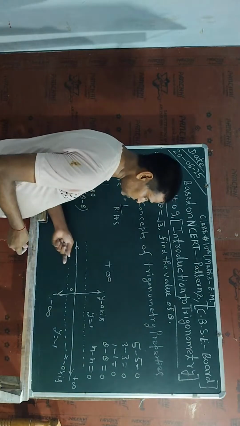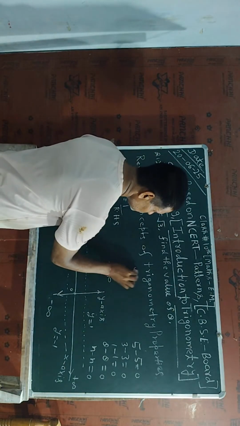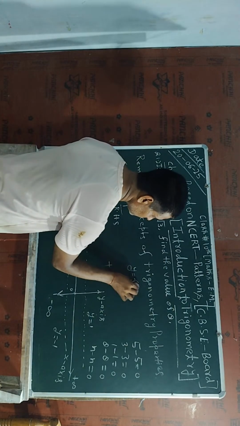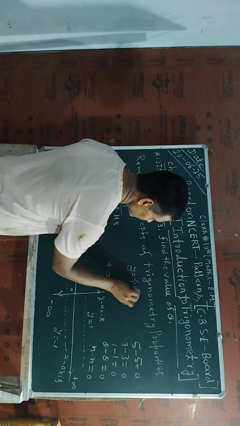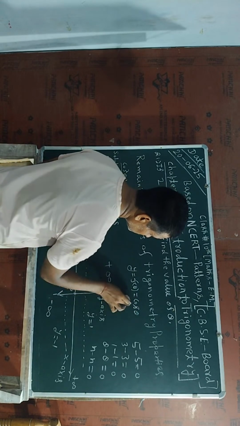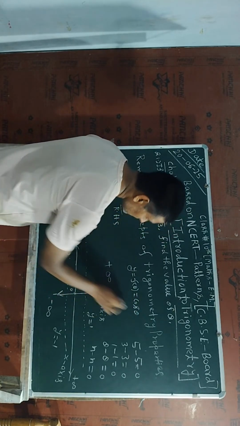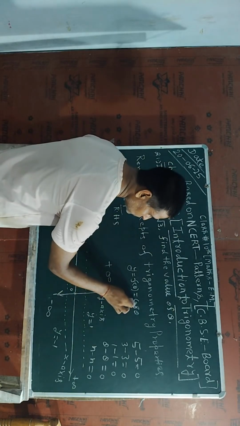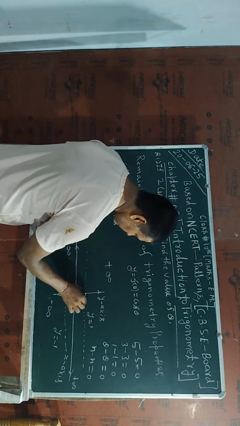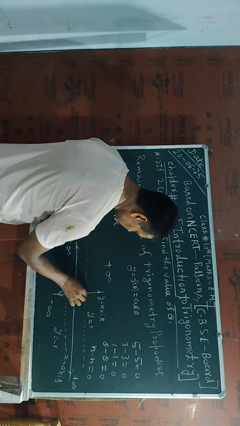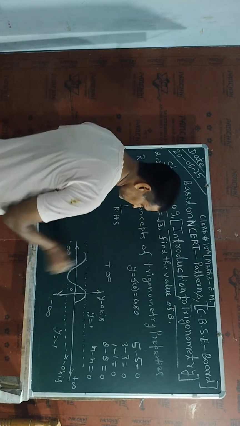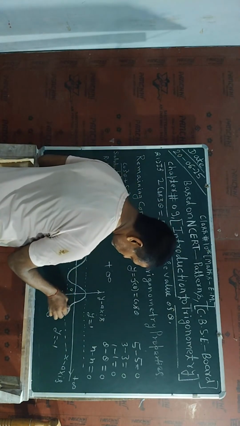When I substitute, I take a function y which is equal to f theta, that means cos theta. So when I put theta as 0, cos theta will give 1. So it will move like this, and it will also move like this.